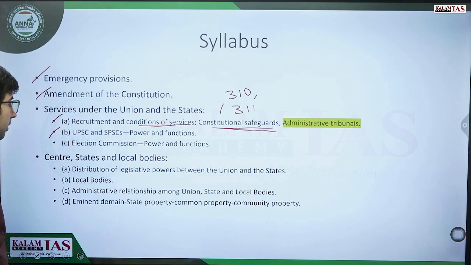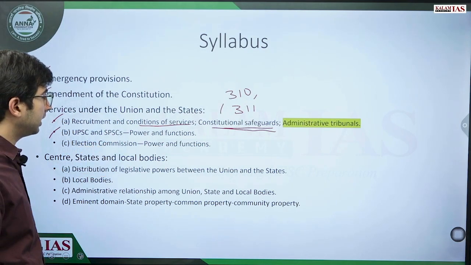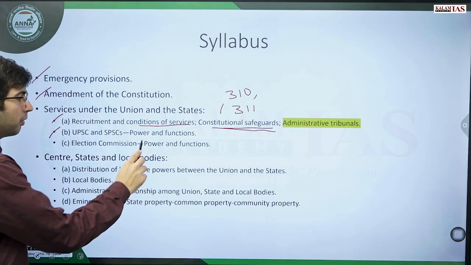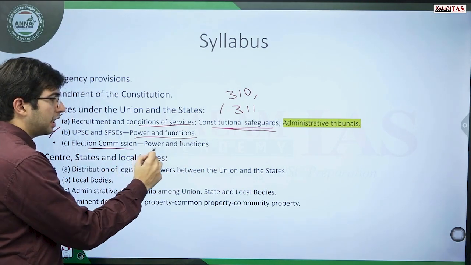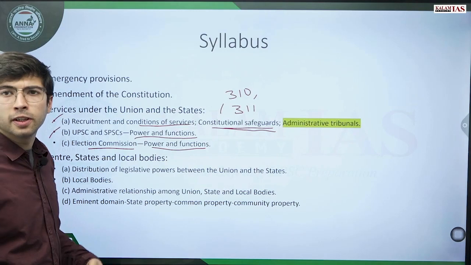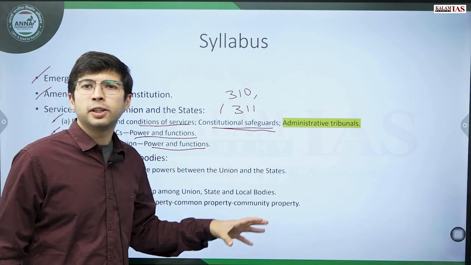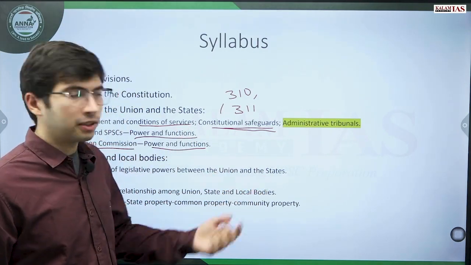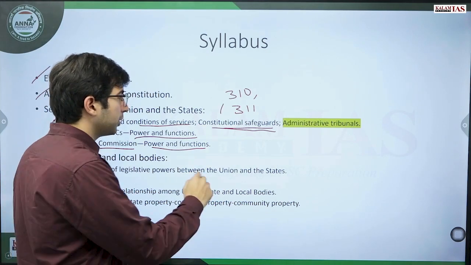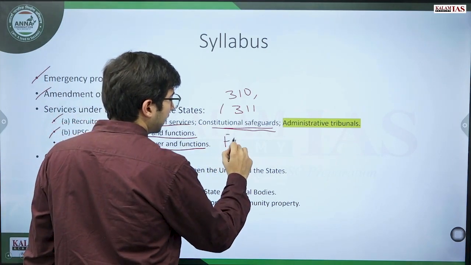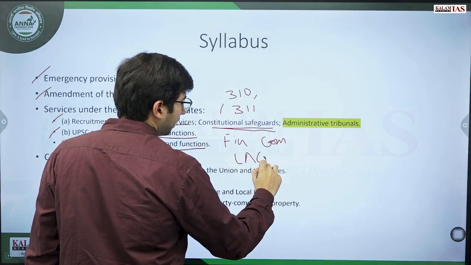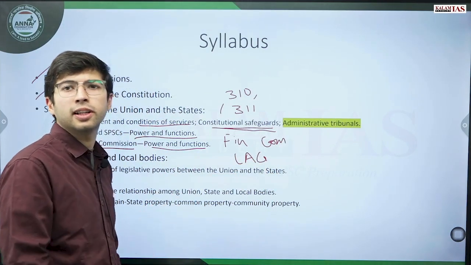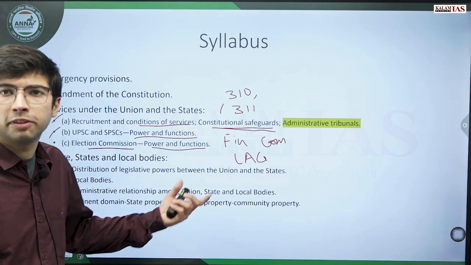Then we come to UPSC and SPSC, State Public Service Commission. What are their powers and functions? And the Election Commission and its powers and functions. So the role of these different organs in the maintenance of democracy. Please note, other organs such as the Finance Commission or the CAG are not mentioned and hence they are not asked in the UPSC questions of previous years either.